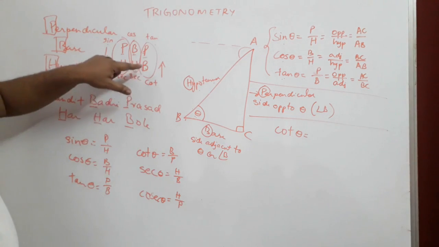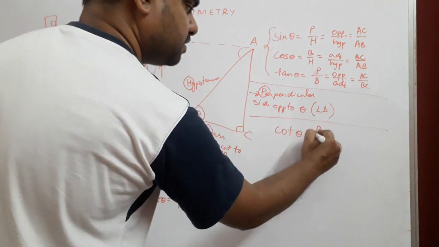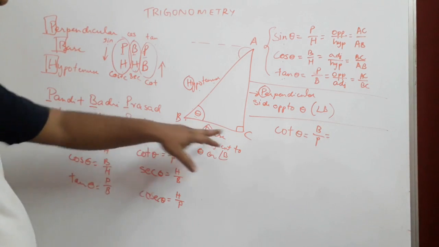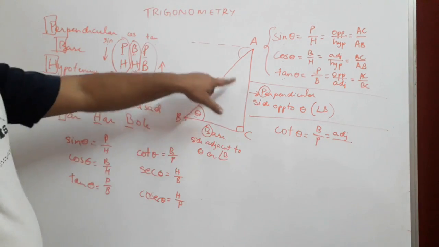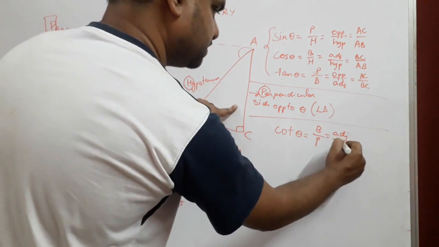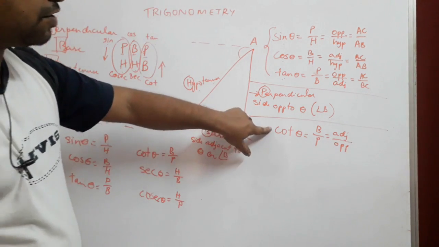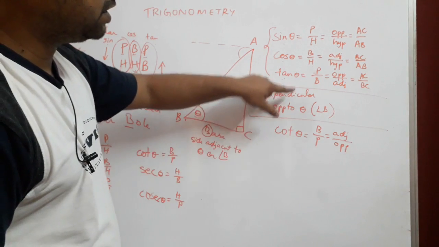What is cot theta? B upon P. B is adjacent and P is perpendicular, which is opposite. If you notice, cot and tan are opposite to each other.